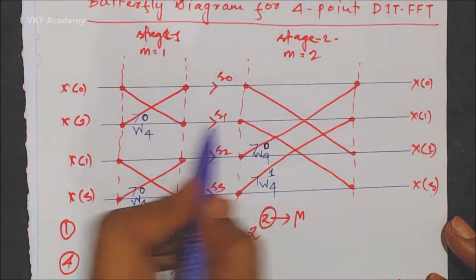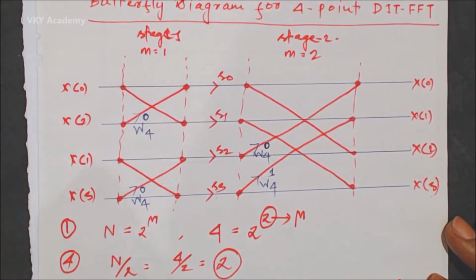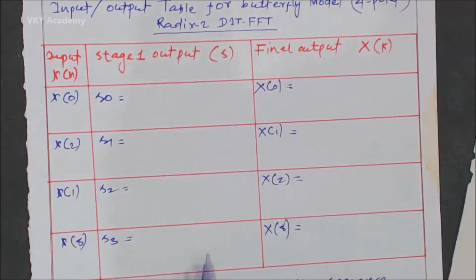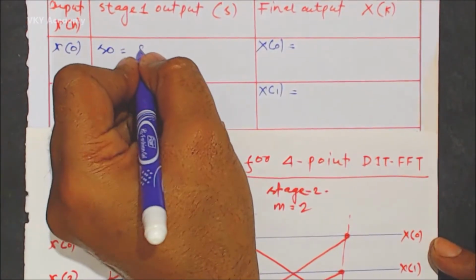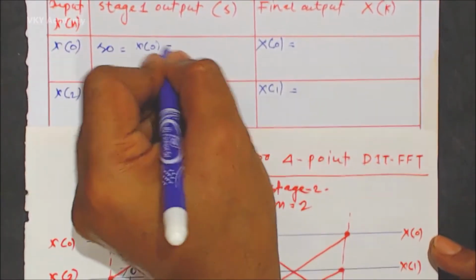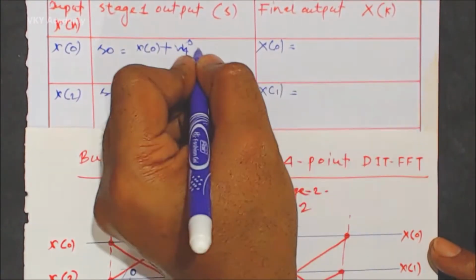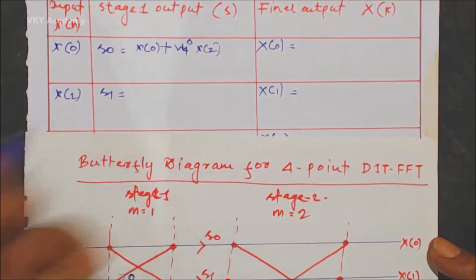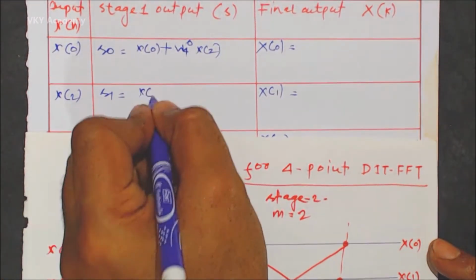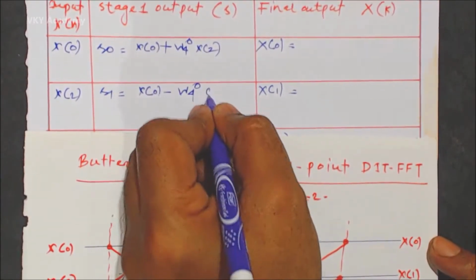And S1 will be small x of 0 minus W4 to the power 0 into x of 2. So let us write down the values. It will be small x of 0 plus W4 to the power 0 into small x of 2. And S1 will be small x of 0 minus W4 to the power 0 small x of 2.